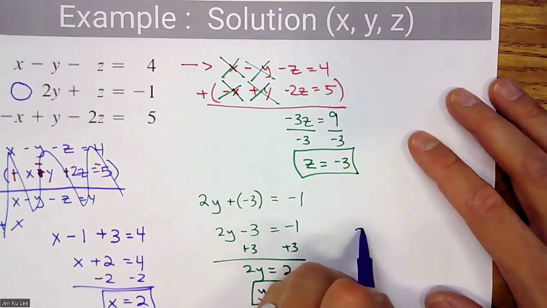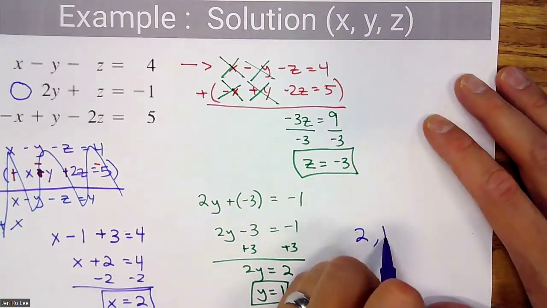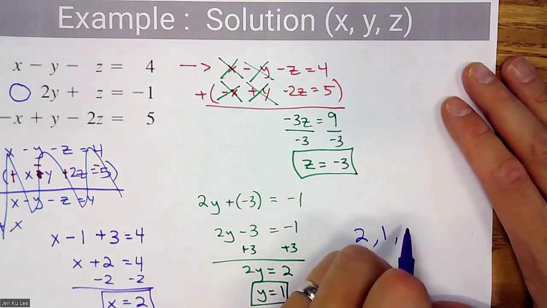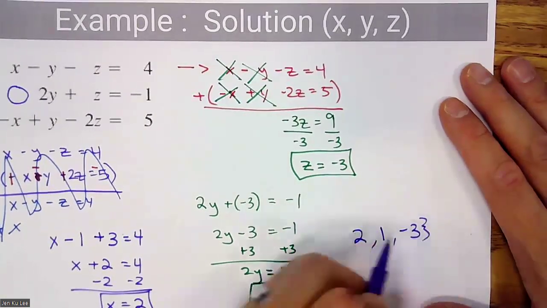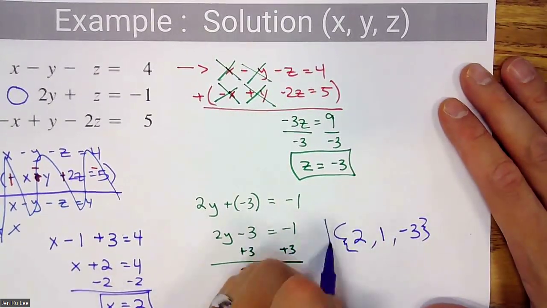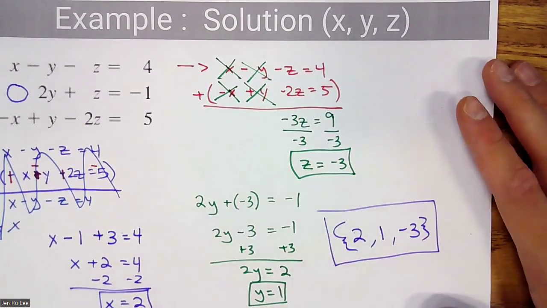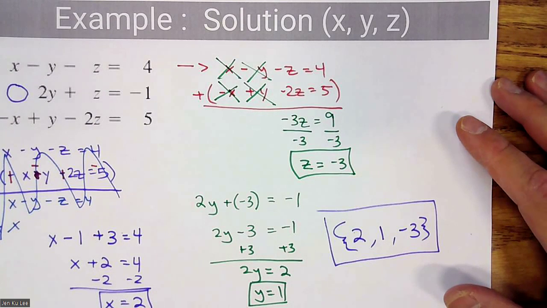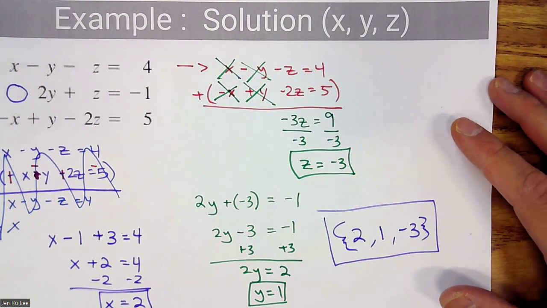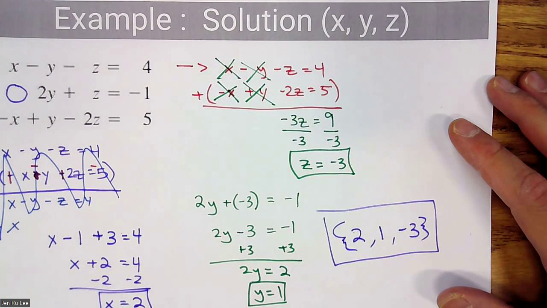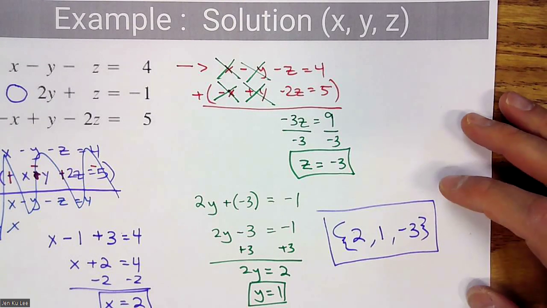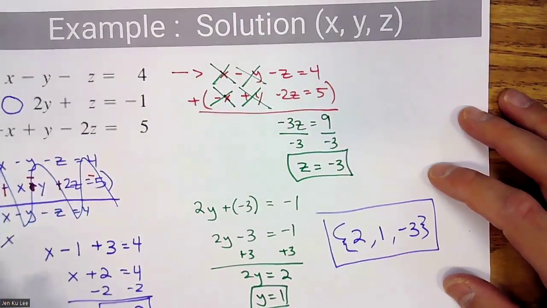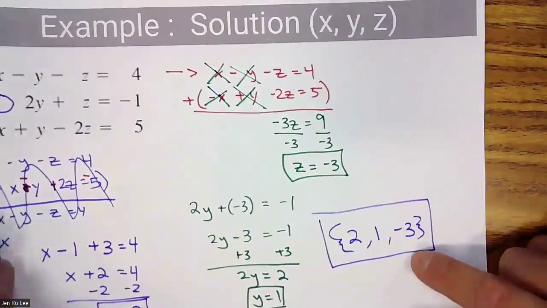So my x value is 2, my y value is 1, and my z value is negative 3. Okay. Questions on that? Fairly simple, right? So that's when you have a solution.